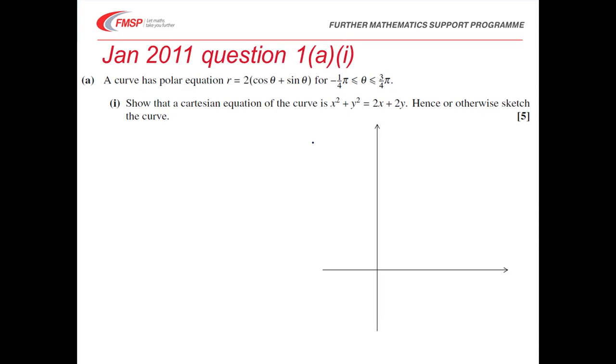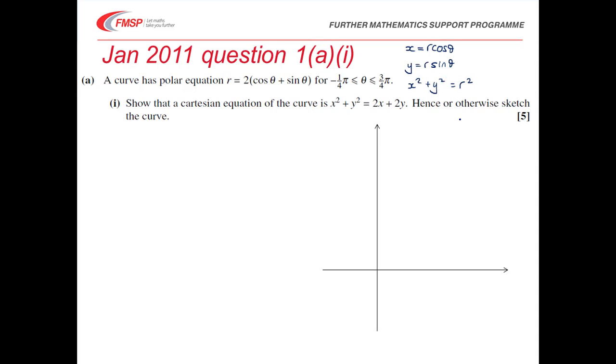So starting this question, we've got to convert from polar to Cartesian. So we'll need to use these three relationships: x is equal to r cos theta, y is equal to r sin theta, and x squared plus y squared is equal to r squared.